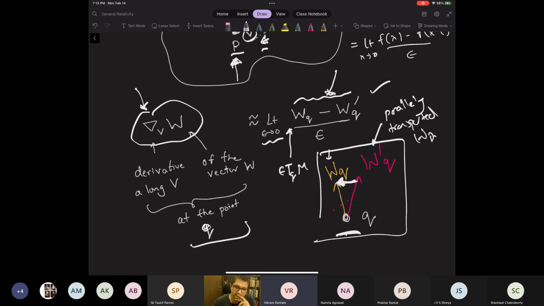Does that make sense? Yes, sir. Okay, thanks. That is a good subtle point, because indeed, as you pointed out, this difference vector, the way we've defined it, belongs to TQM.